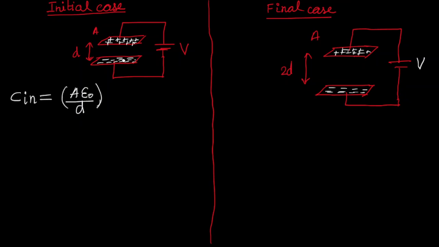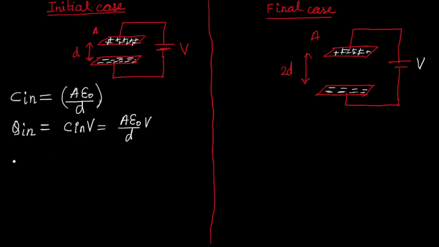The voltage across this capacitor after getting fully charged is V. So the charge stored on this capacitor, the initial charge, when the separation between the plates is D, will be C initial times V. Now C initial is A epsilon naught divided by D, times V. So that amount of charge will be stored in the capacitor when the separation between the plates is D and the capacitor is fully charged.